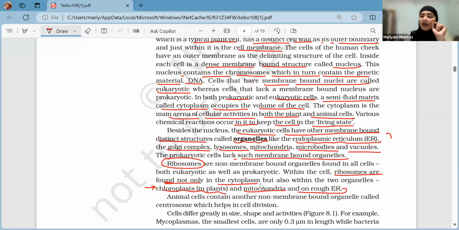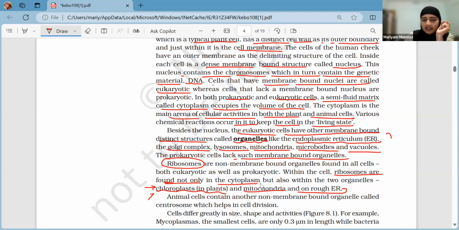So ribosomes, apart from being the cytoplasmic ribosomes, the ones normally found in the cell, which we call cytoplasmic ribosomes because they are present in the cytoplasm, are also present in some organelles such as chloroplast, mitochondria, and rough endoplasmic reticulum. And remember, the chloroplast will not be present in animals, right?